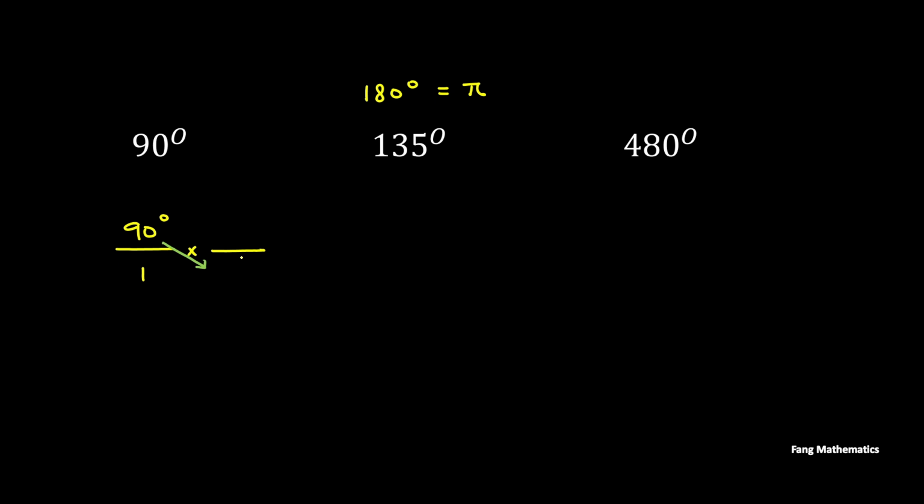The answer is the expression that has the same units, degrees. So you are to put 180 degrees in the opposite of the 90 degrees, and on top you put pi. The reason is this: degrees eliminates with degrees, and 90 eliminates with 180, leaving you 1 and 2, and you should be having pi over 2 left as your answer.